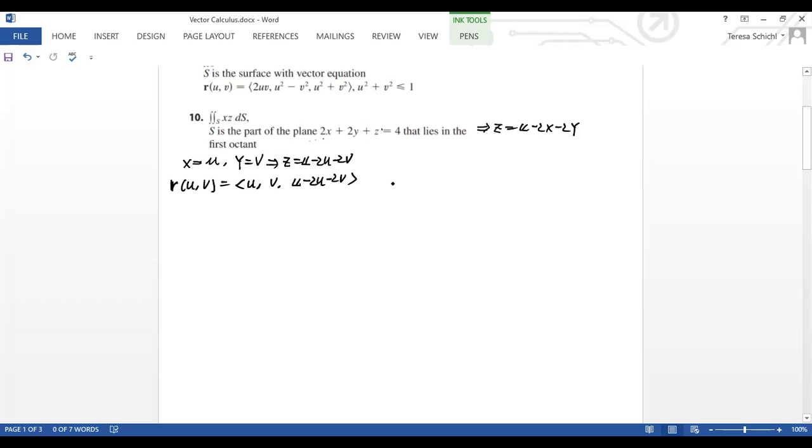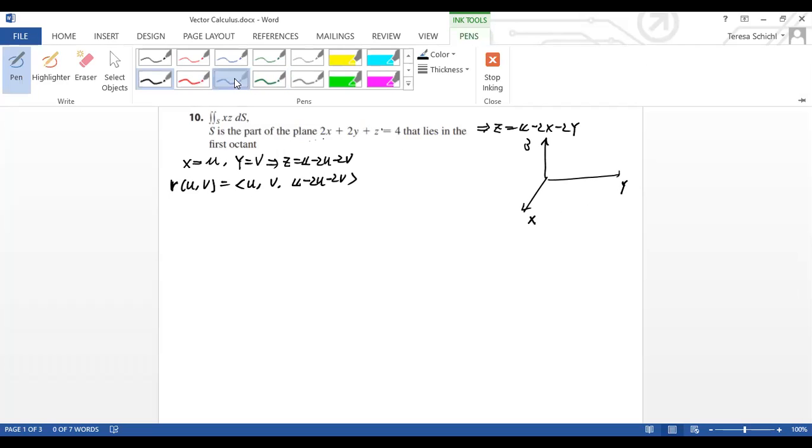Now after we do that, let's take a look at what region D we are looking at. For x, y, z, we have 2x plus 2y plus z equal to 4.